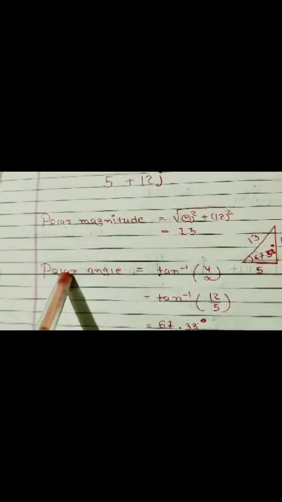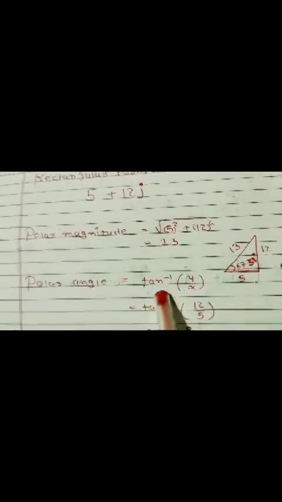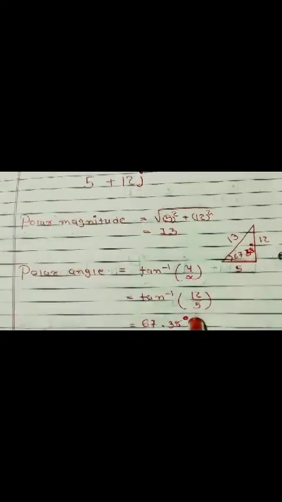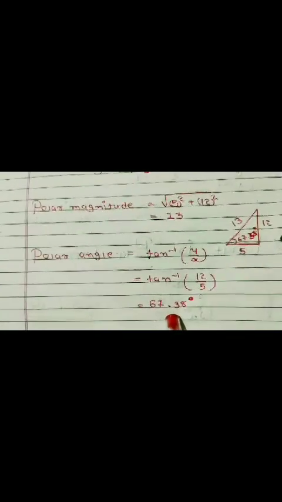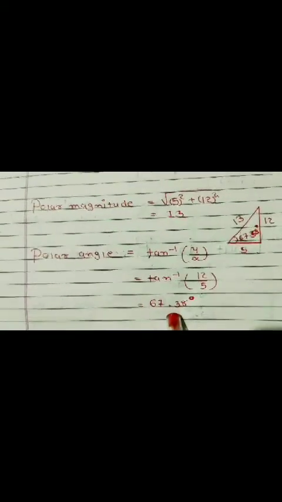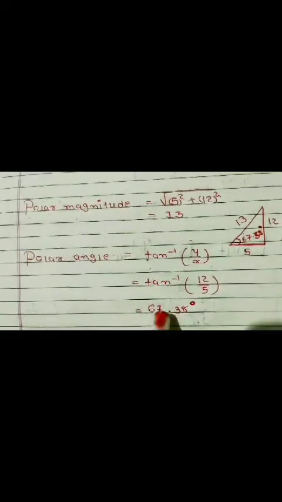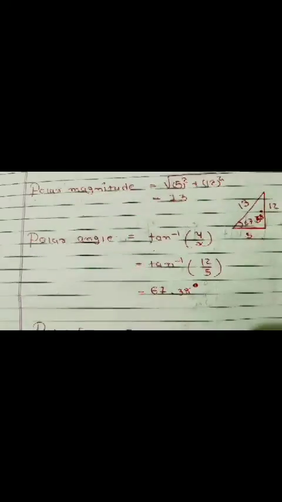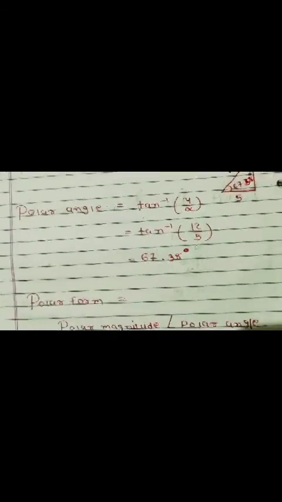The formula for the polar angle is tan inverse of y upon x. So tan inverse of 12 upon 5. So you can get a value of 67.38 degrees. In a calculator, you can see this calculation. I also put the calculation here.